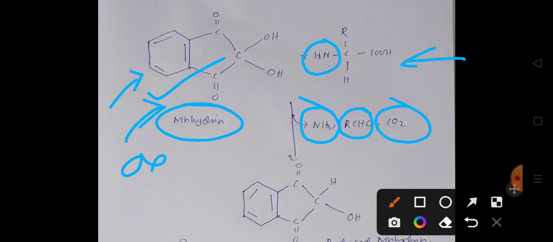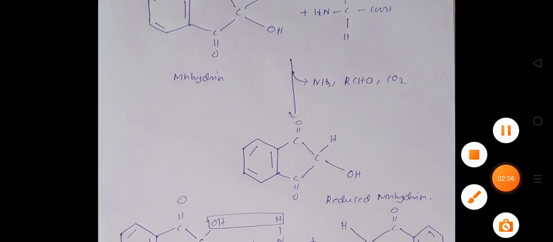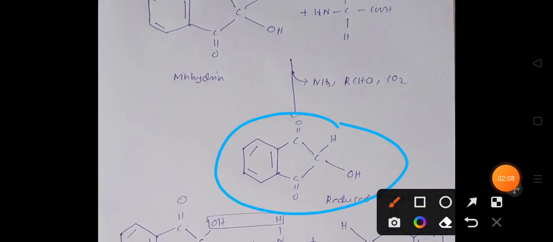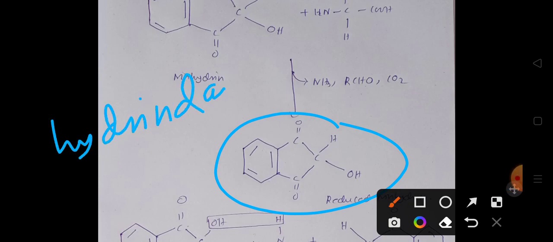Okay, so this step is oxidative deamination as well as decarboxylation. As a result we will get reduced Ninhydrin, which we call hydrindantin, although this name is not necessary, you may just remember it as reduced Ninhydrin.